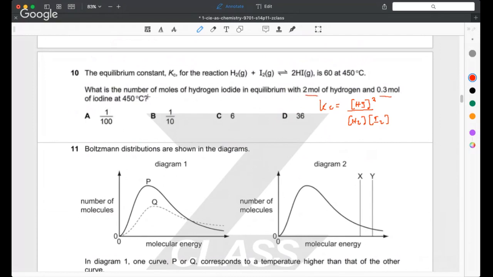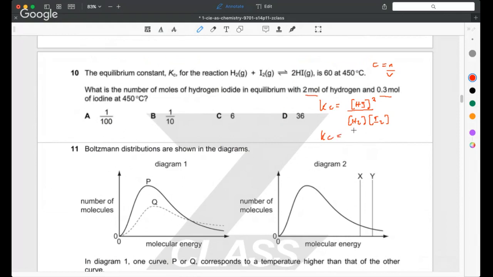But the relationship between amount and concentration is that the concentration is the amount divided by the volume. And because these reactants are all in the same volume, there will be a term at the top of V squared, and at the bottom a term of V multiplied by a term of V, which is V squared. So those two V squareds would cancel out.